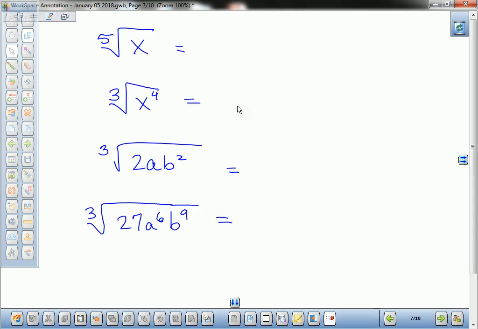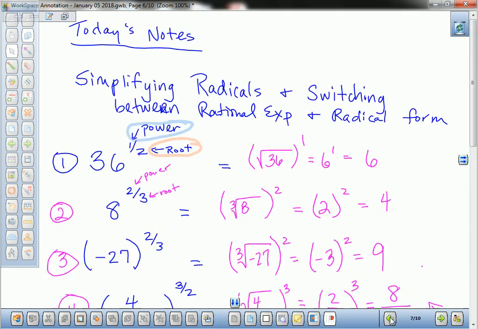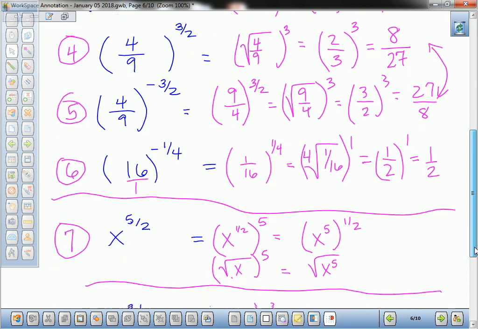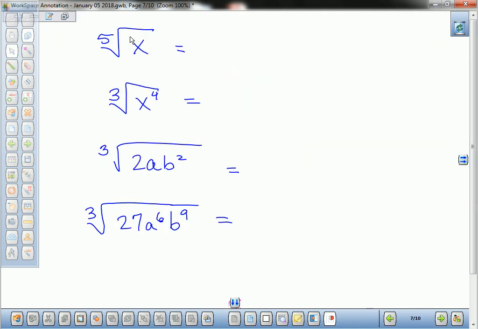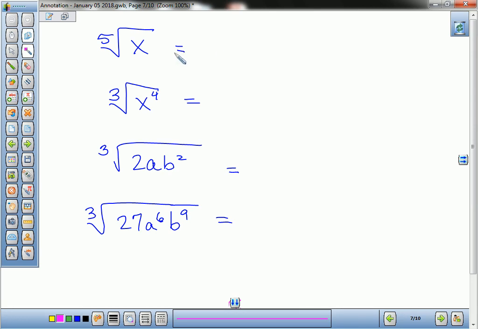Okay, so let's take a look at these. So here we're starting off with a radical. Let's see if we can go the other way. We've been working on starting with a rational exponent and switching it to radical form to simplify. Now let's start with a radical form and see if we can switch it to rational form.